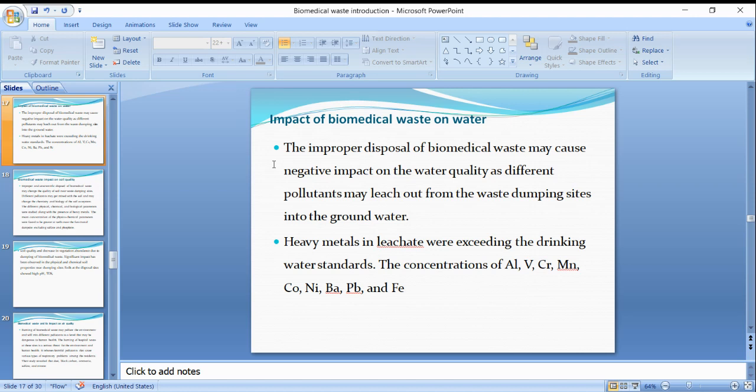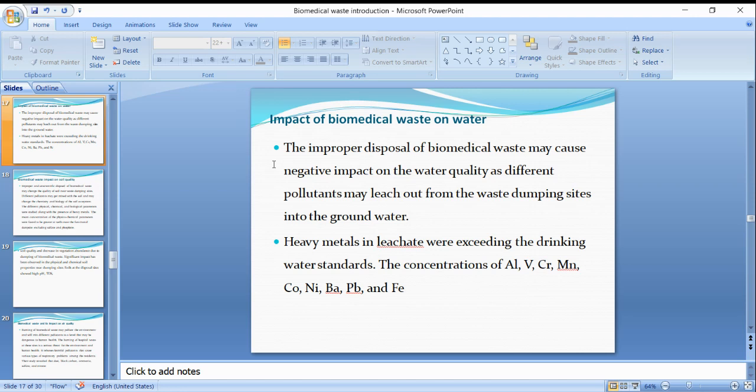So how will water be affected? Improper disposal of biomedical waste may have a negative impact on water quality, as different pollutants may leach out from the waste dumping site. Leaching means toxic liquid may leach out from the dumping sites into the groundwater.